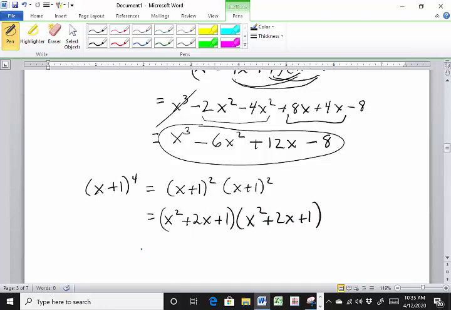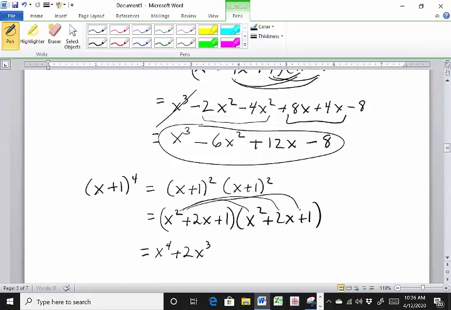Now we have the distributive law. So we'd work all this out, and I'm just going to do that real quick here. That's going to be x squared, or sorry, x to the 4th power. X squared times x squared is x to the 4th. Then x squared times 2x is going to be 2x cubed.